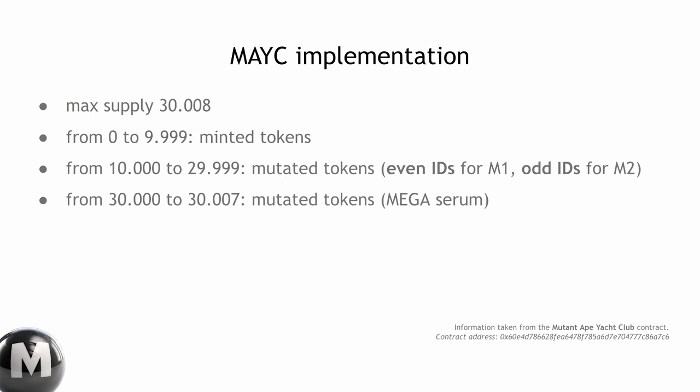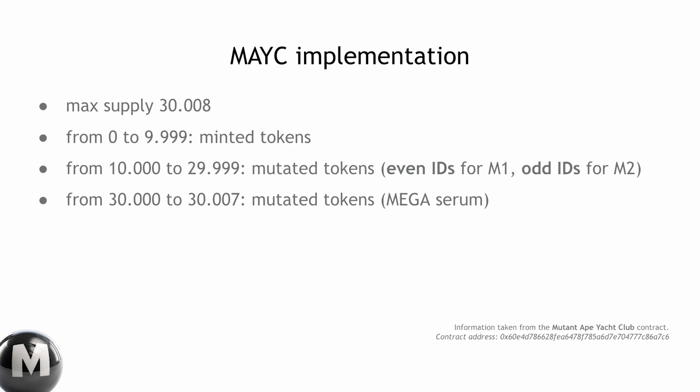So the thing that I didn't like with this solution is that your collection is gonna have empty slots in it depending on which tokens get mutated and also depending on the type of serum that is used. For instance, Bayc number 1 becomes Mayc number 10,000 with M1 serum and 10,001 with M2 serum. But those IDs will be empty if that Bayc doesn't get mutated.